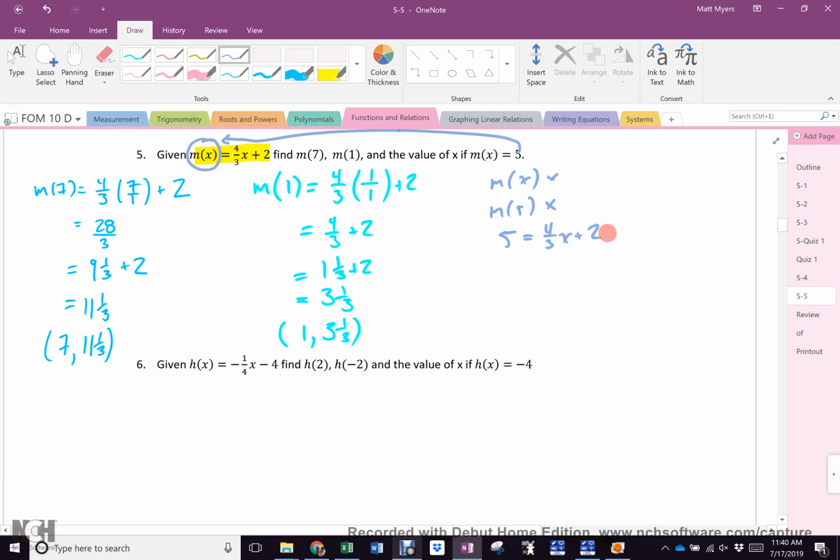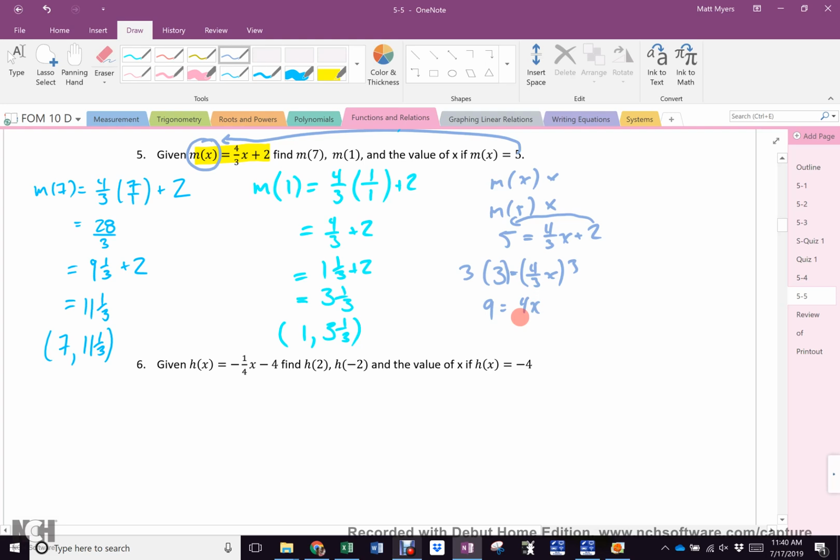What is my job whenever I'm faced with a single variable? Isolate it. So I'm going to bring that 2 over, and what will it become? 3, because it becomes minus 2. 3 equals 4/3 x. How do I get rid of that 3? Multiply both sides by 3. Now 9 equals 4x.